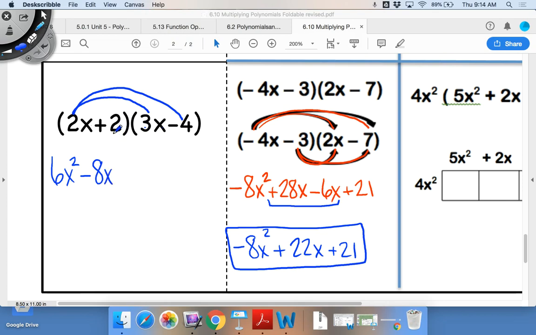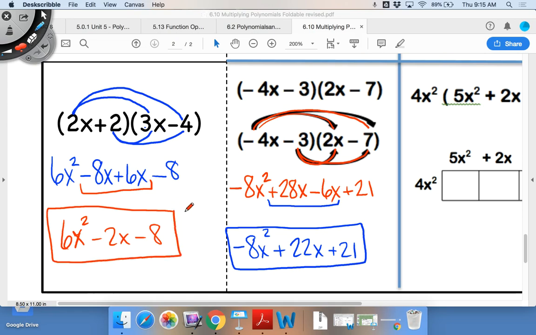Then positive 2 times positive 3x would be positive 6x. And then positive 2 times negative 4 is negative 8. We're not finished because we have to combine like terms if there's any. So we would have 6x squared minus 2x minus 8.